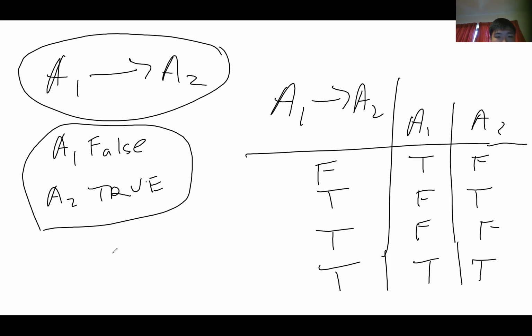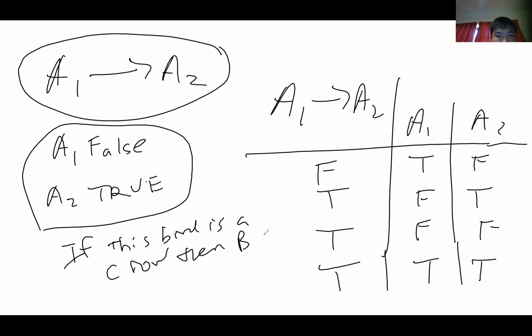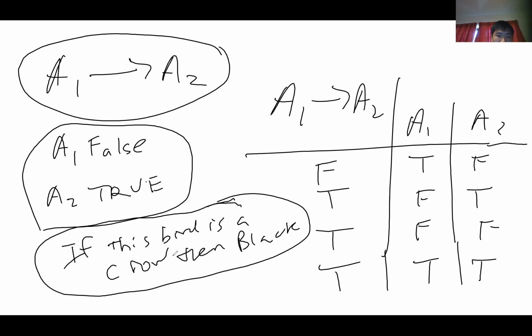Yeah. So okay, let's say if this bird is a crow, then it is black. Right? So this statement is true if and only if we don't actually see any crows that are not black, right? Because basically what this statement is saying in English is that every bird that is a crow must also be black.